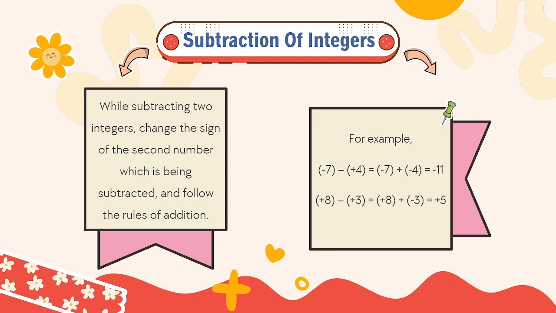For example, negative 7 minus positive 4 equals negative 7 plus negative 4 equals negative 11. Positive 8 minus positive 3 equals positive 8 plus negative 3 equals positive 5.